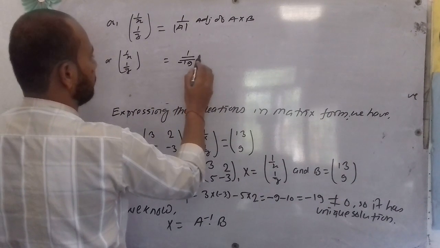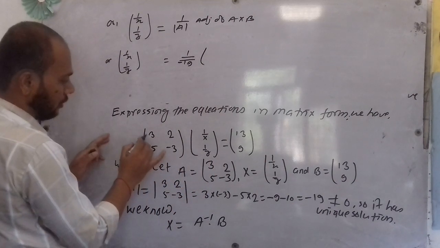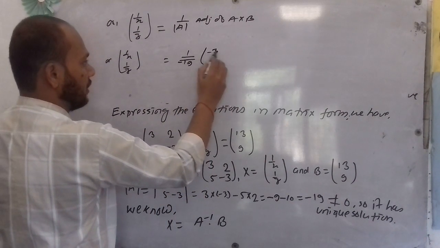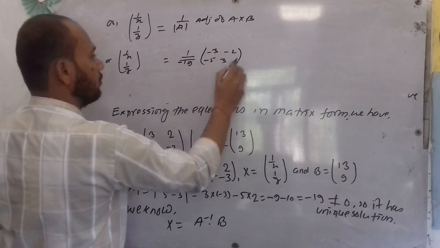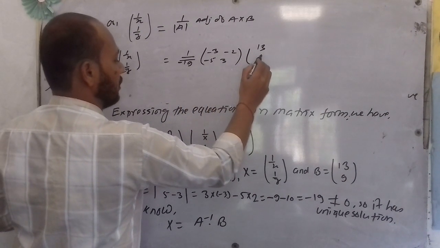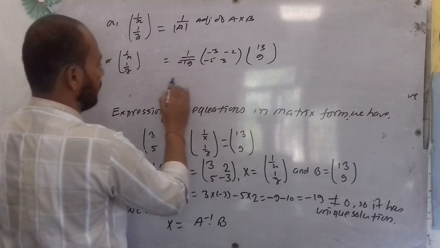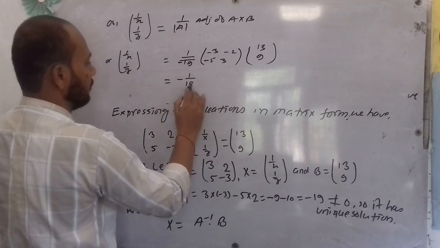Minus 19, adjoint, all of you know, 3 and minus 3 change their position, and minus 5, minus 2, and here is 13, 9. Yes, and I am going to multiply.